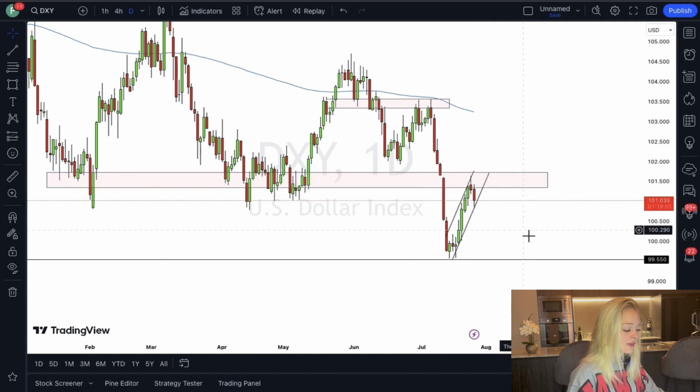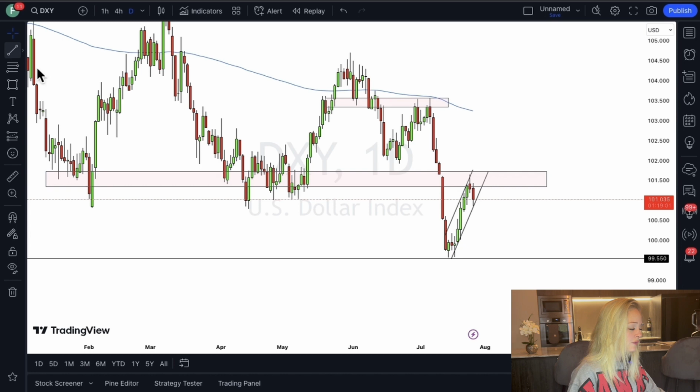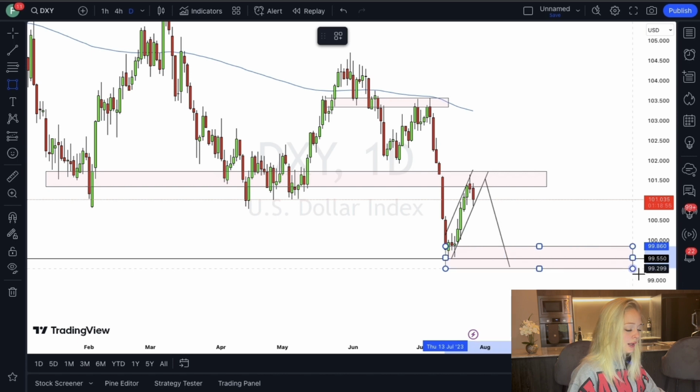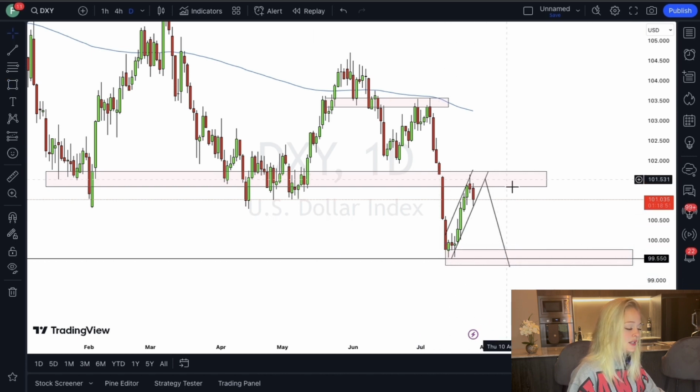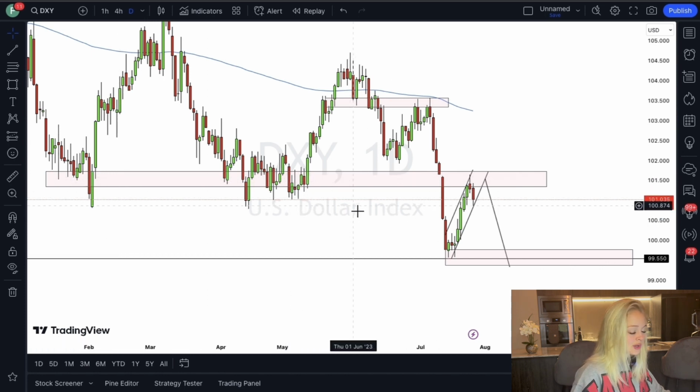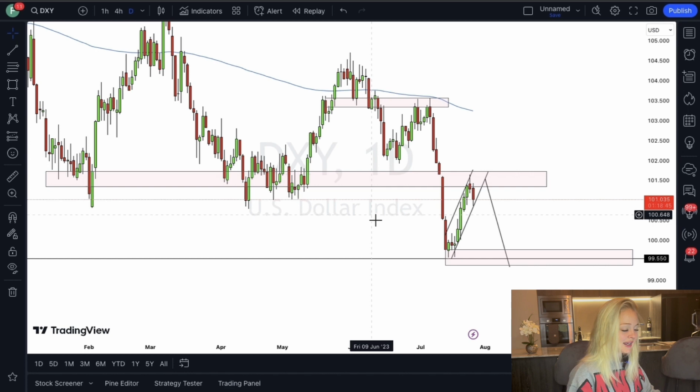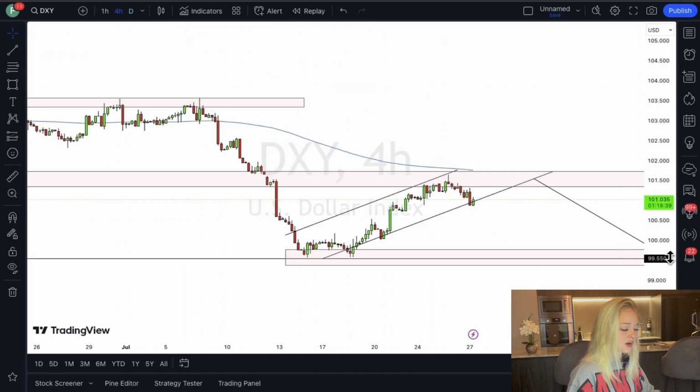Price didn't hang around there very long, and I am looking for this to break the wedge and head much lower, at least starting with this daily lower low point, and then potentially a new daily lower low to be formed. Rising wedge into an area of liquidity and structure on the daily time frame, there's not too much I have to break down to know what direction I want to see this price action.